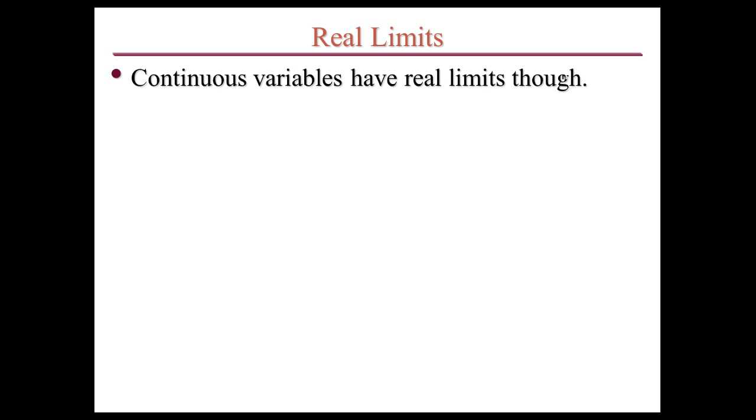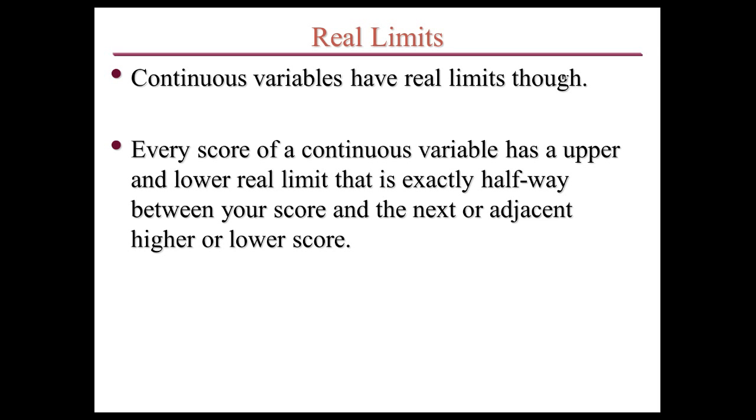So what are real limits? Continuous variables have real limits because they are a span that depends on the unit of measurement. They're not discrete. So every score of a continuous variable has an upper and lower real limit that is exactly halfway, please note halfway, between your score and the next adjacent higher or lower score.